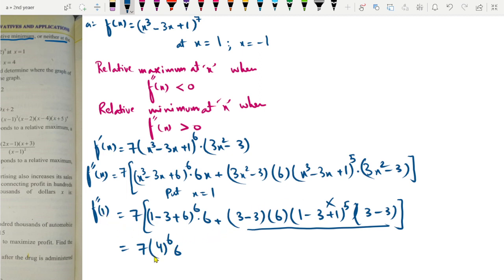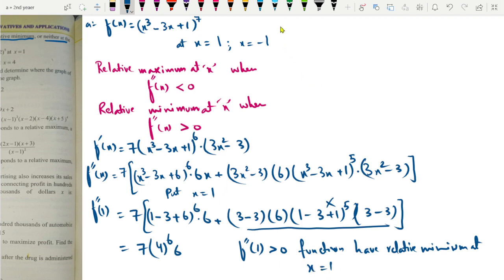When you solve this, you will find a number greater than 0. So the function has a relative minimum at x equal to 1.